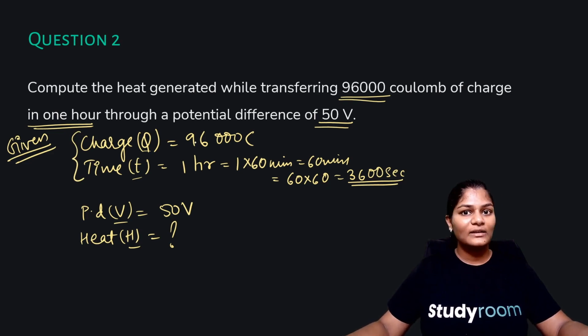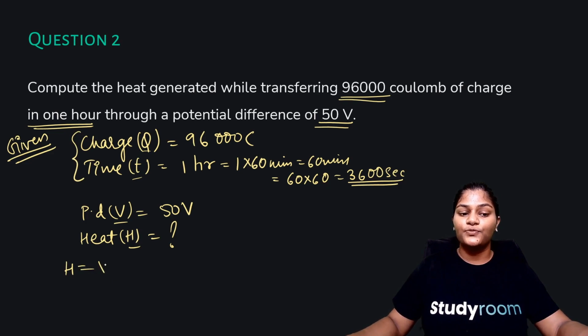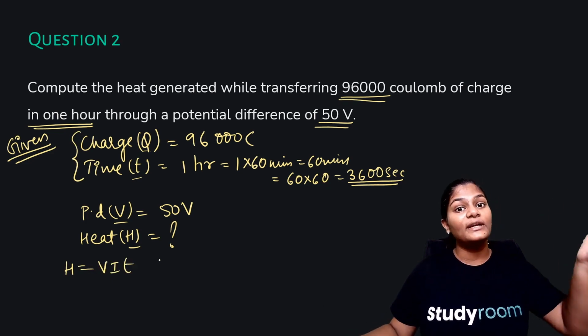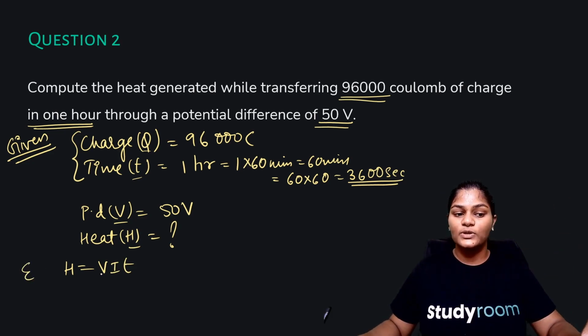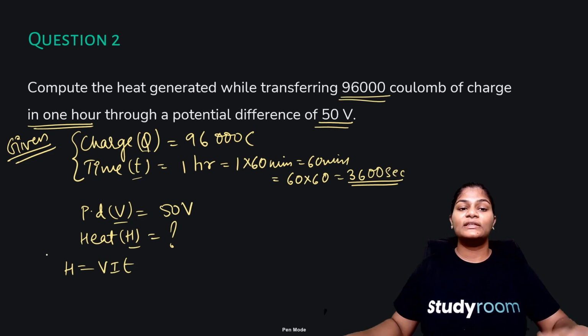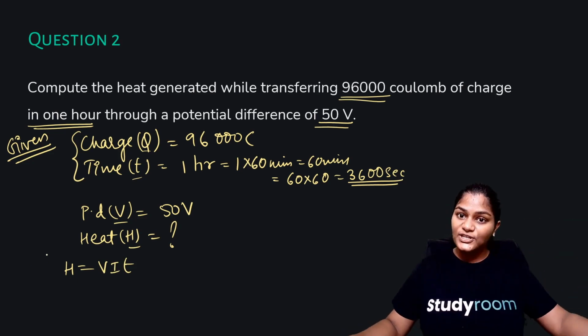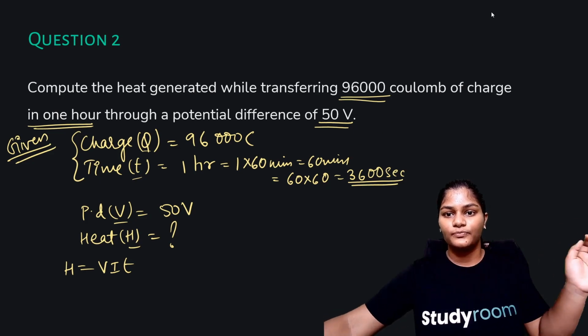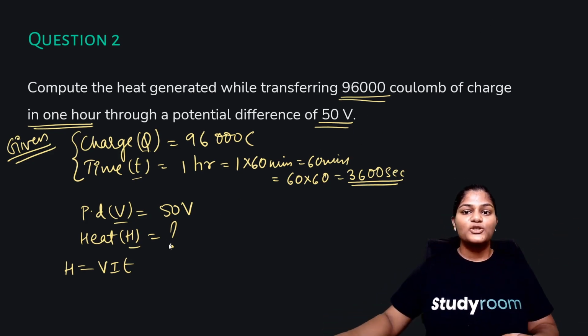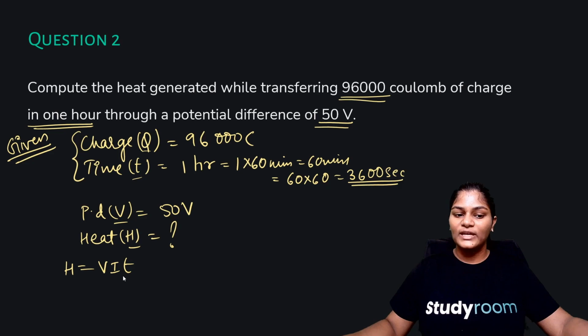I can find current, and I know the formula H is equal to VIT. You remember this formula? We derived it. We had logically derived the whole formula. We had written E is equal to VIT, and then we had written that energy is used as heat. So H is equal to VIT.